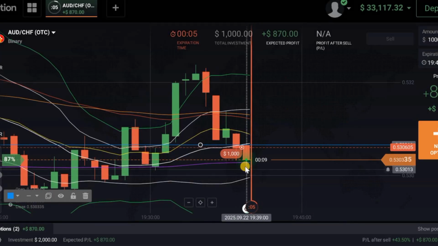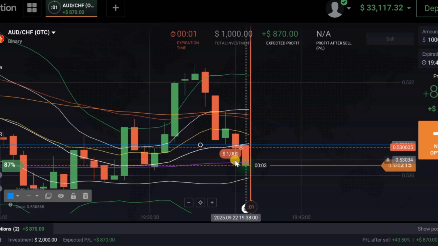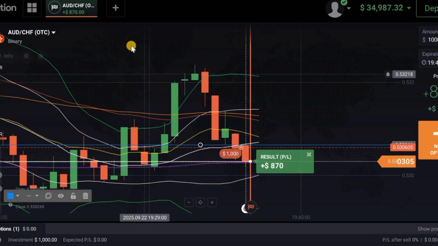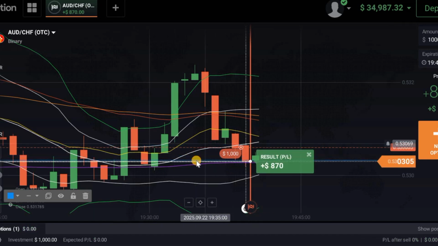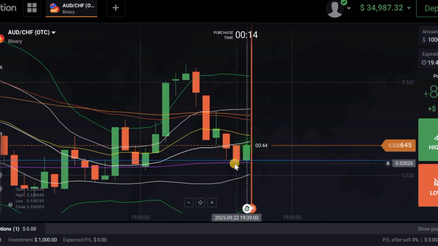So we are going down again. You see there is a wick here. Okay, there is a wick there, so I will take this candlestick now and put it there. You see, this is the wick, but you see how this candle is closing just like a fake breakout.